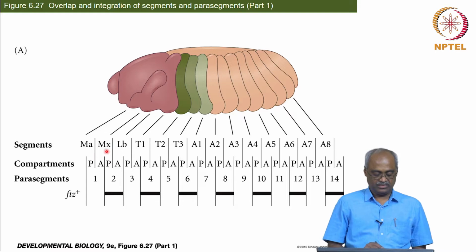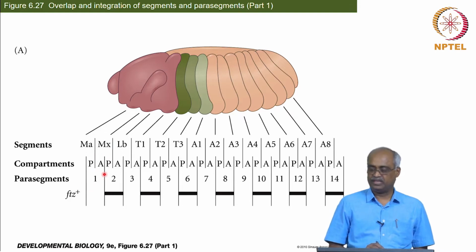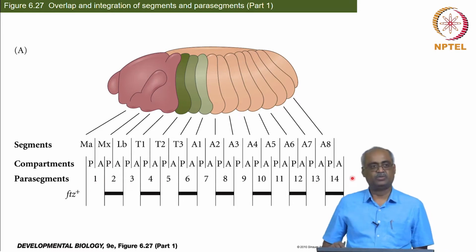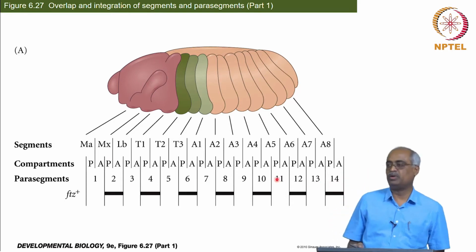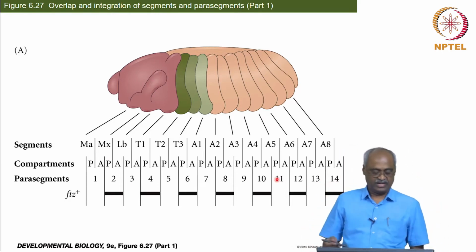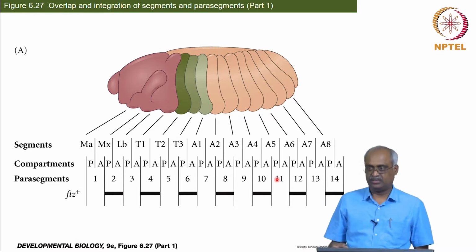Now, each of the parasegments actually has part of two adjacent segments, like the posterior part of the mandibular segment and the anterior of the maxillary segment form one parasegment. So, like that you have parasegment 1, 2, 3 and so on to 14 of them. Okay. So, parasegments basically overlap adjacent segments. Here again to reiterate, parasegments are actually patterns of gene expression.